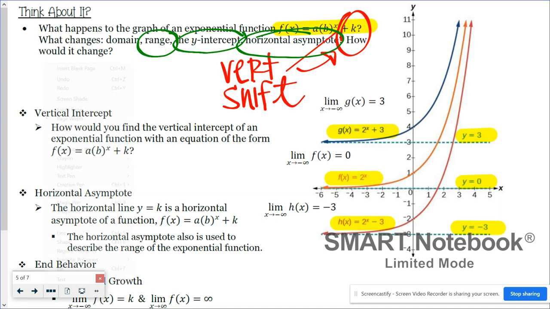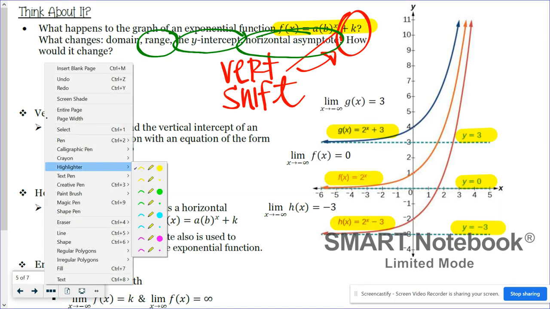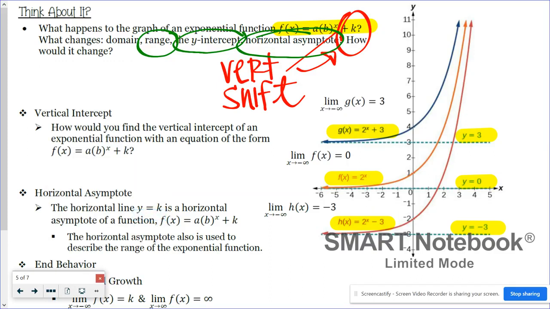When it comes to their y-intercepts, originally 2 to the x power had a y-intercept of 1 because the a value is 1. But notice that 2 to the x plus 3 has a y-intercept of 4, and 2 to the x minus 3 has a y-intercept of negative 2.